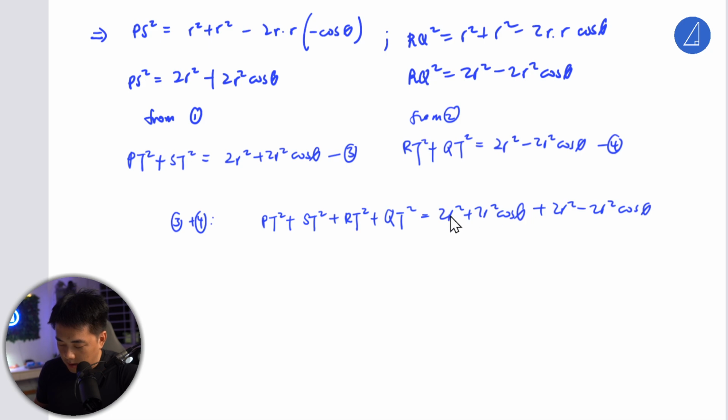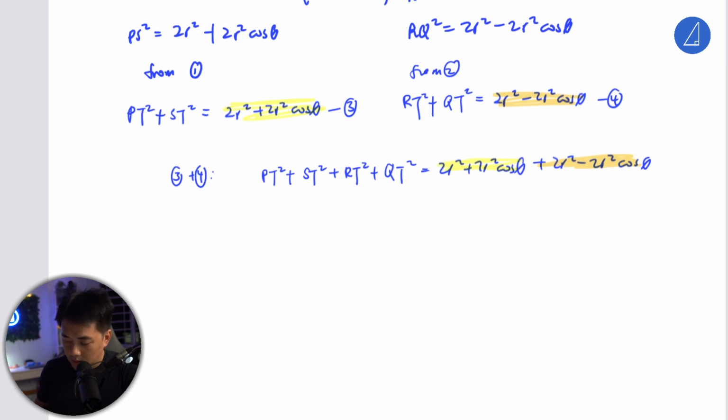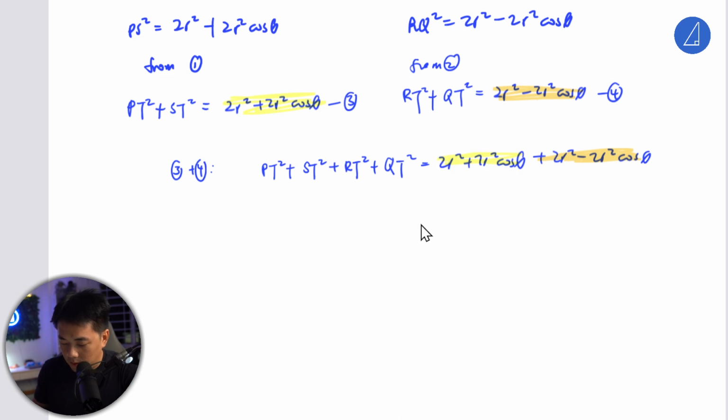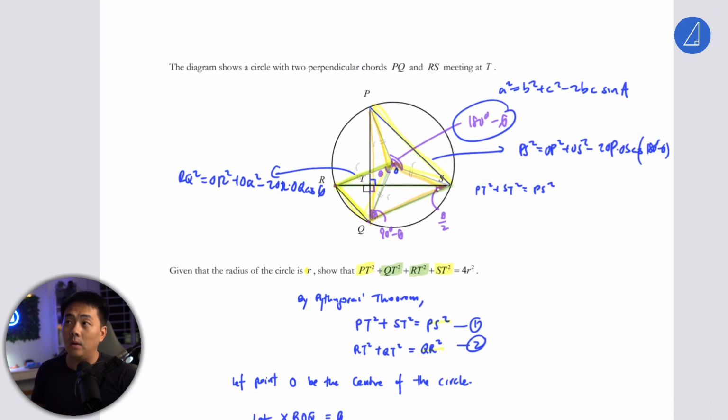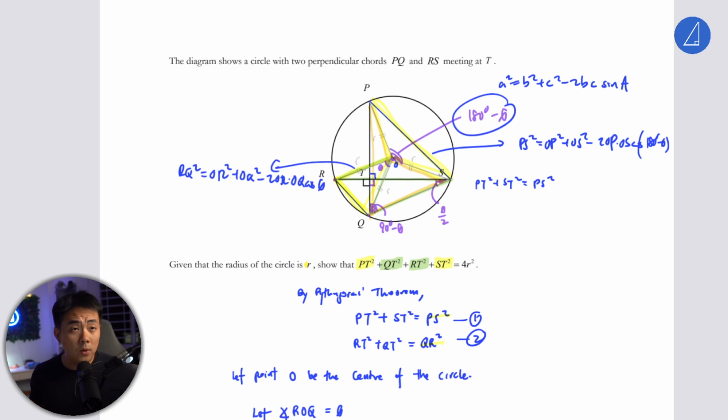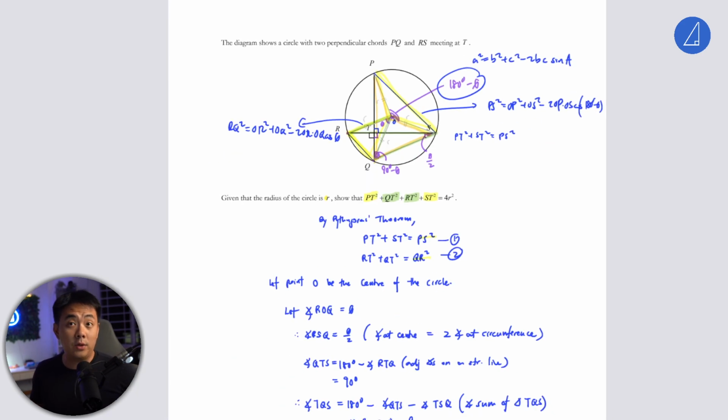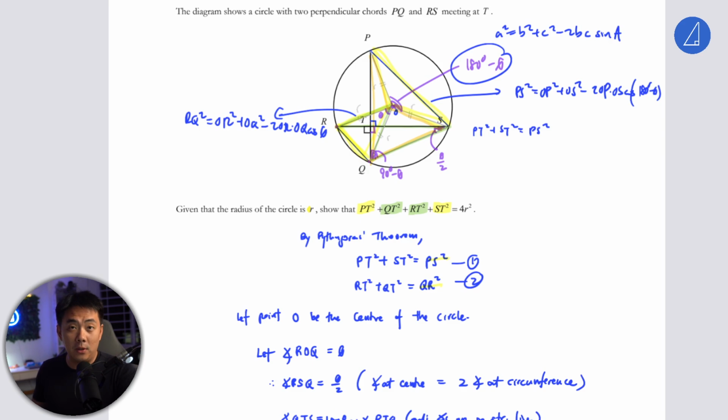So you get this, and then this. So 2R square minus 2R square cosine theta, and cosine theta is just 0. So this will be 4R square. So shown. Just sum them up, then you get what you are told to show. That's how you do this question proficiently. If you have any questions at all, please do let us know and I'll see you in the next question.